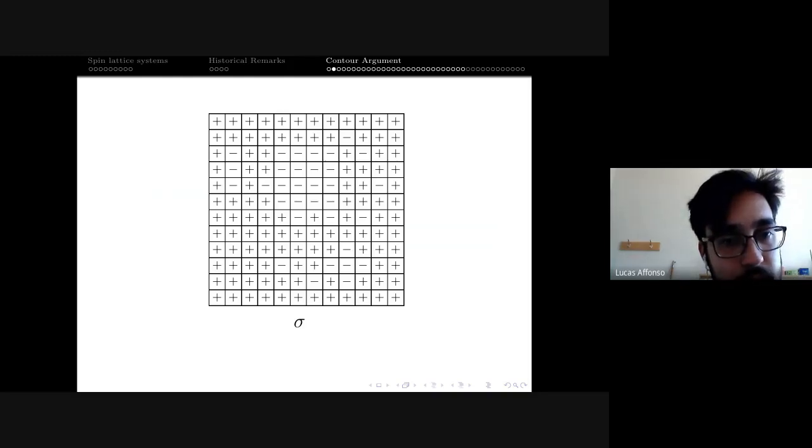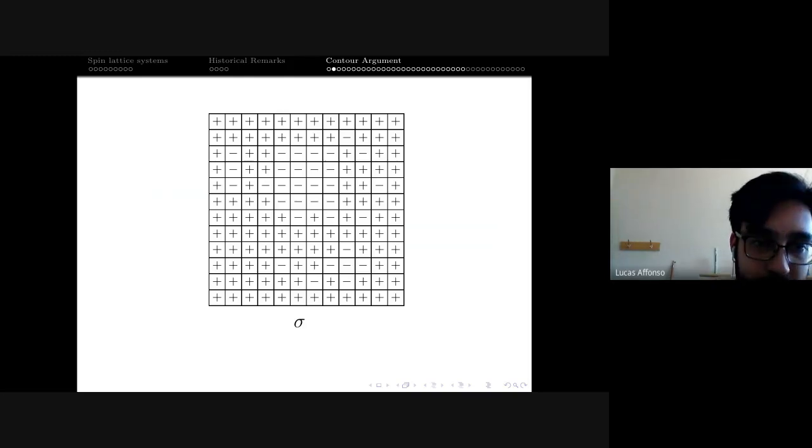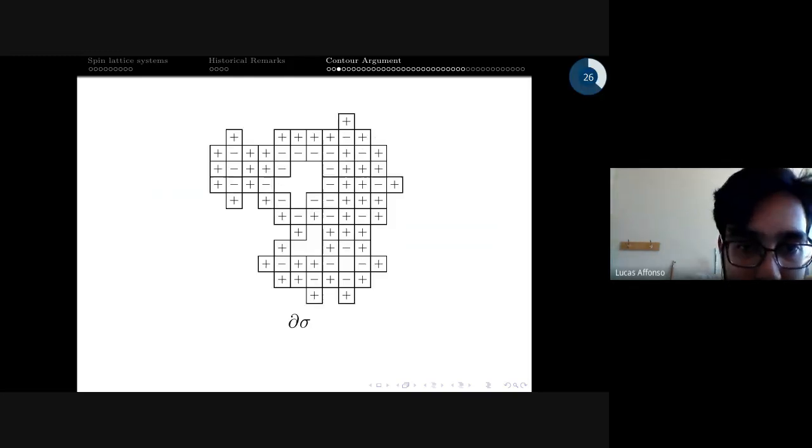Consider now this configuration that you are seeing, and all outside this box you have plus spins. If you need to construct the boundary of the configuration, you should extract only the points that are minus or plus correct.